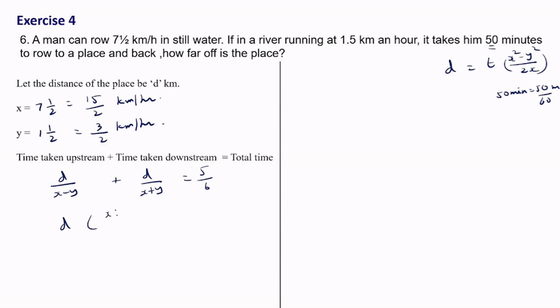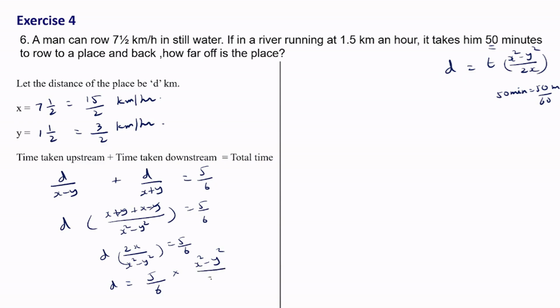So d into x plus y plus x minus y upon LCM, which is x square minus y square, equal to 5/6. D into 2x upon x square minus y square is 5/6. So from this d is 5/6 into x square minus y square upon 2x. So from this we can find d.